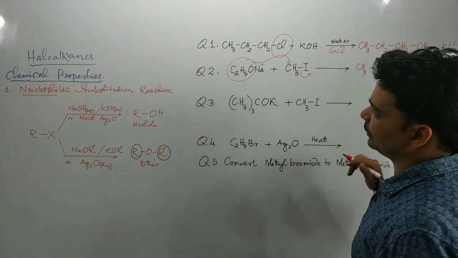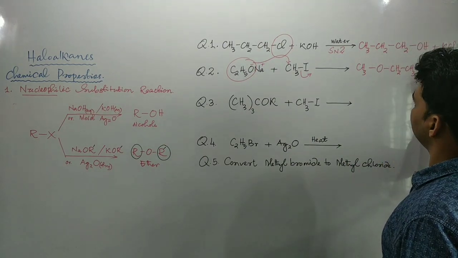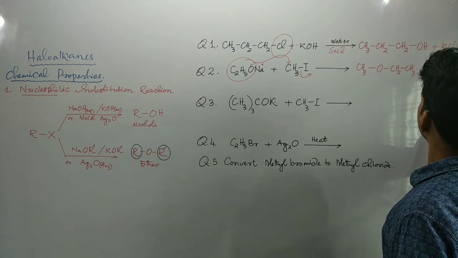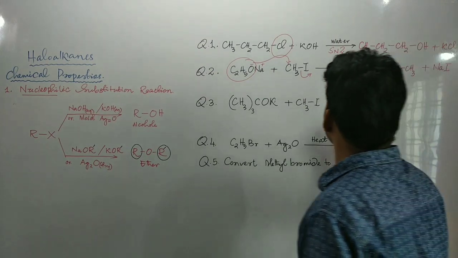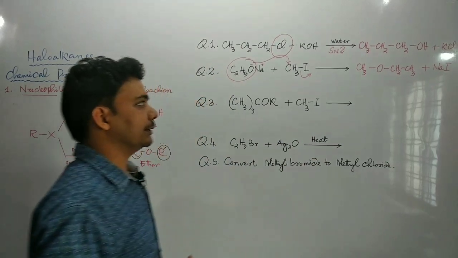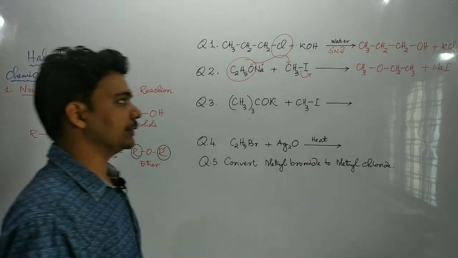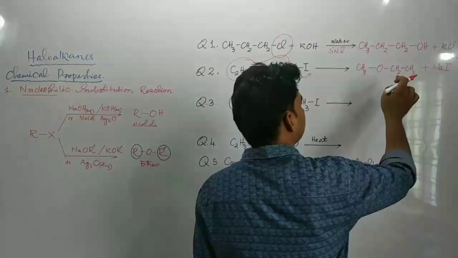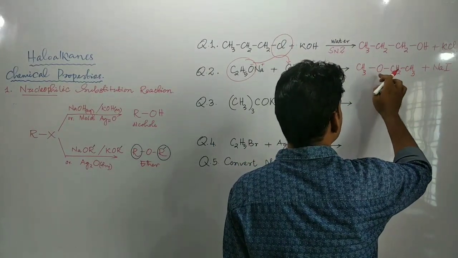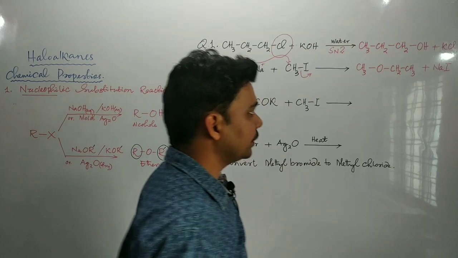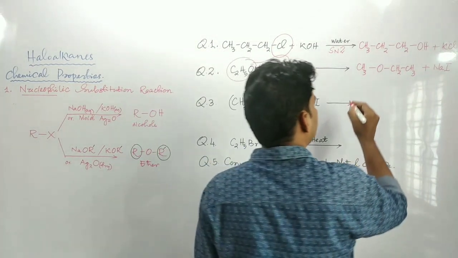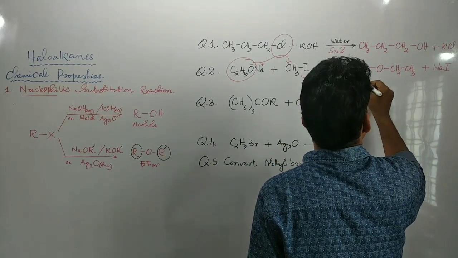This is C2H5, right? Plus the byproduct is NaI. So in this way, we are getting ether. This is in accordance with Williamson's ether synthesis. This is ethyl methyl ether.